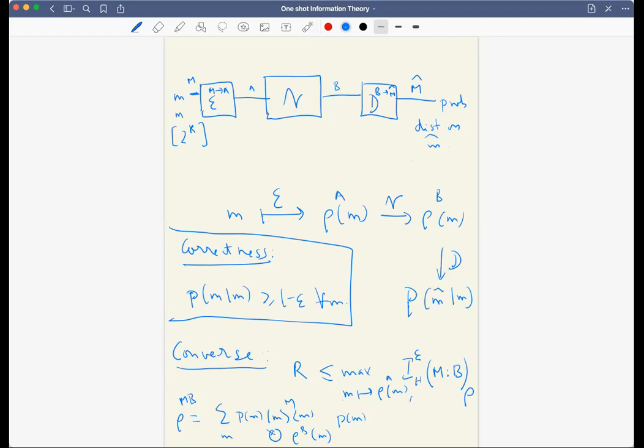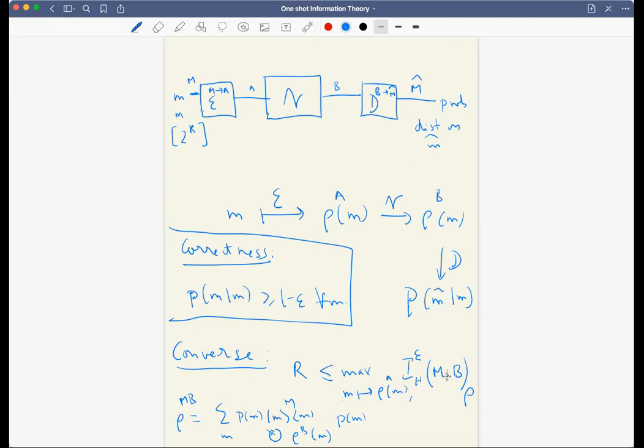Basically, to define the state rho_MB, I have to fix a probability distribution on M. Then I have to fix this encoding from the message to the density matrix on the input wire A, so m going to rho_A^m. And then the channel will act on rho_A^m and convert it to rho_B^m. This defines the CQ state.